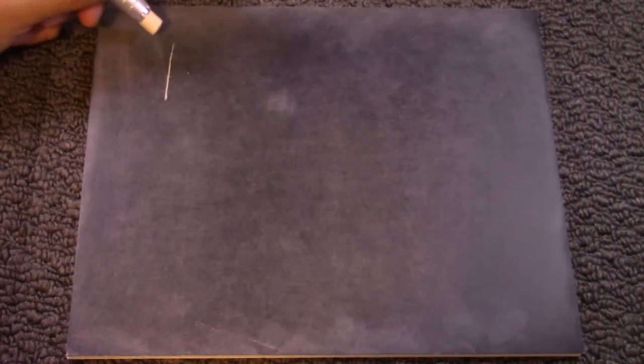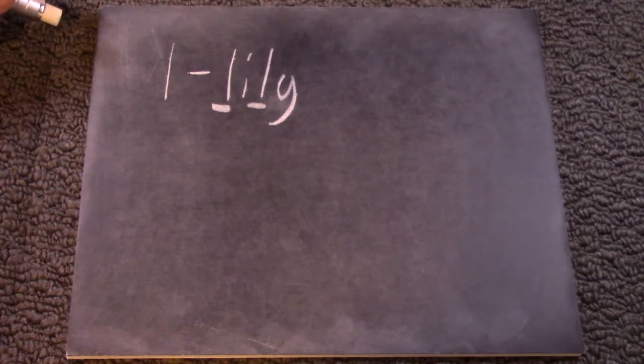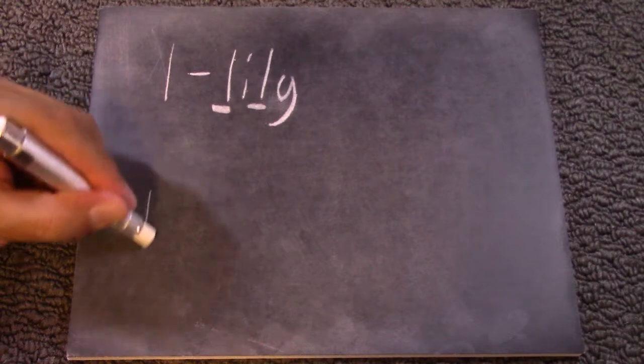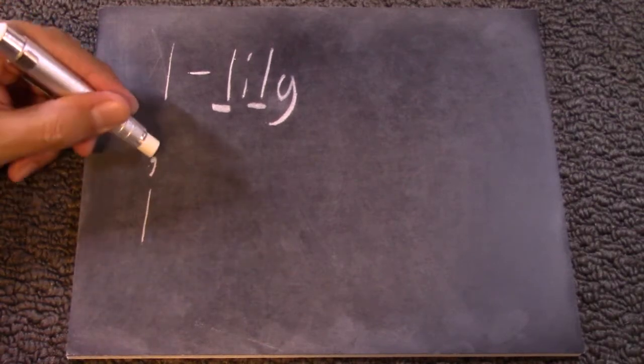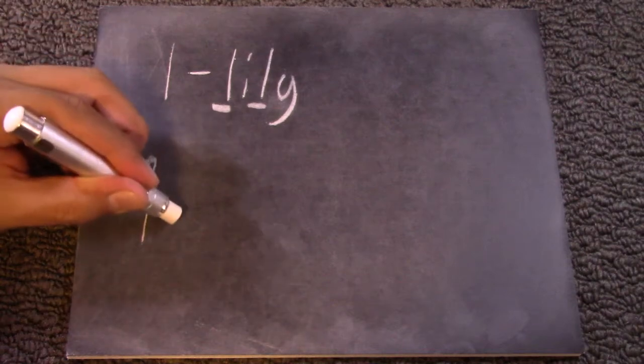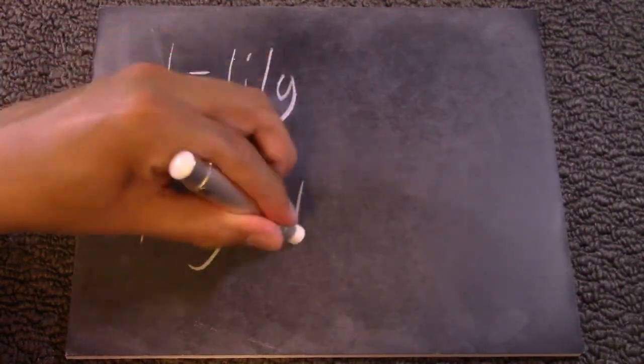Next we have an L, and this sounds very much like the L in lily. So we have a regular L, and we have an L with an apostrophe over top of it. And this is a glottalized L.